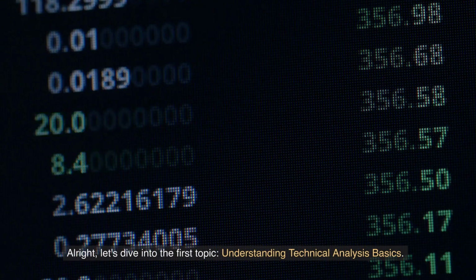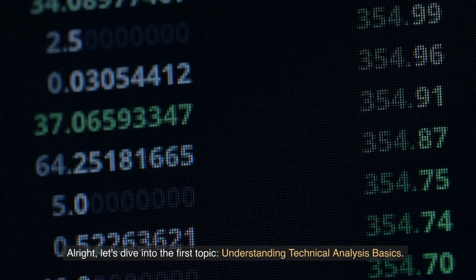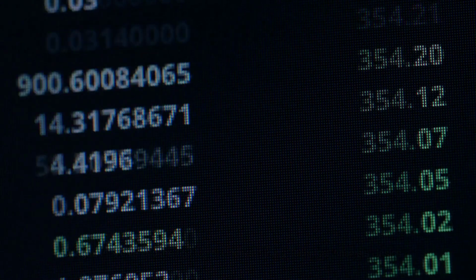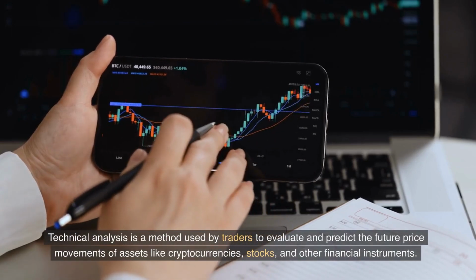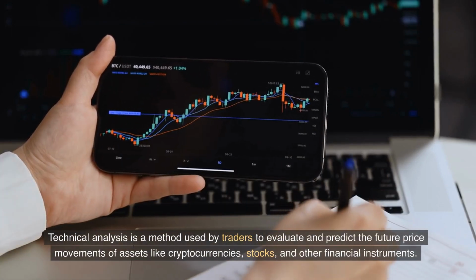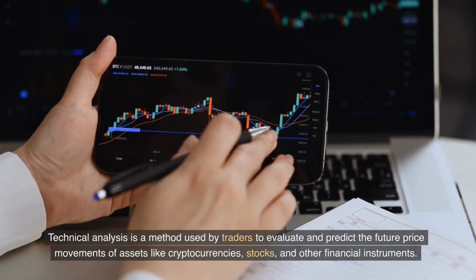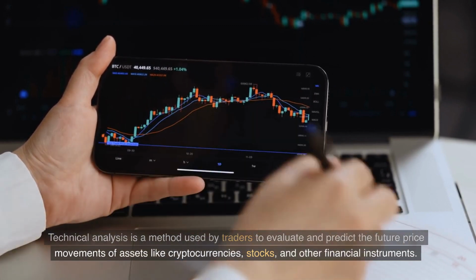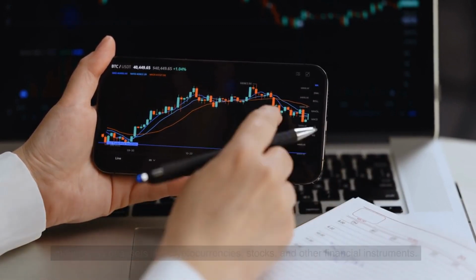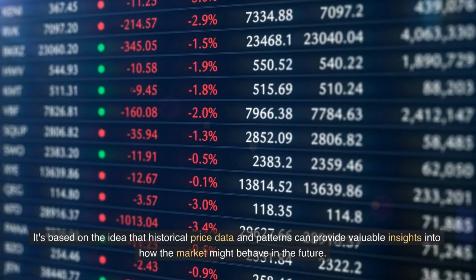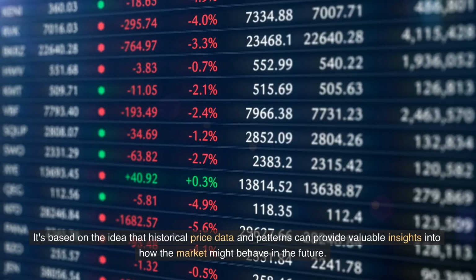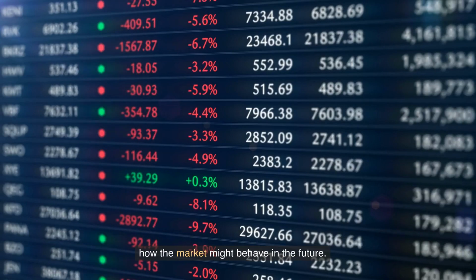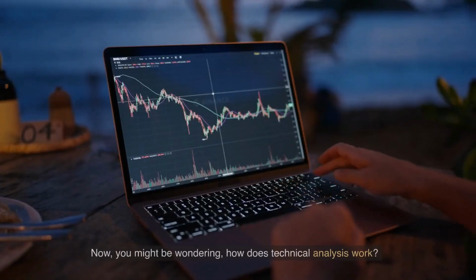All right, let's dive into the first topic, understanding technical analysis basics. Technical analysis is a method used by traders to evaluate and predict the future price movements of assets like cryptocurrencies, stocks, and other financial instruments. It's based on the idea that historical price data and patterns can provide valuable insights into how the market might behave in the future.